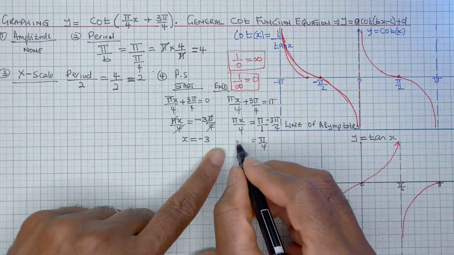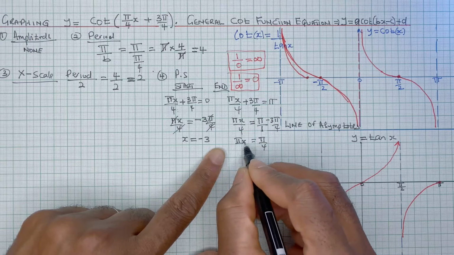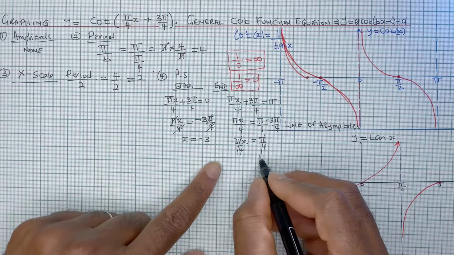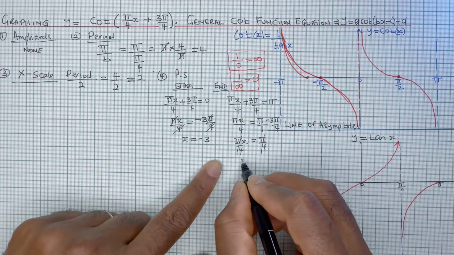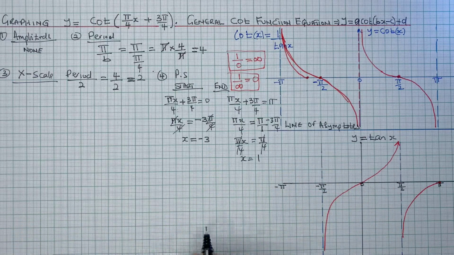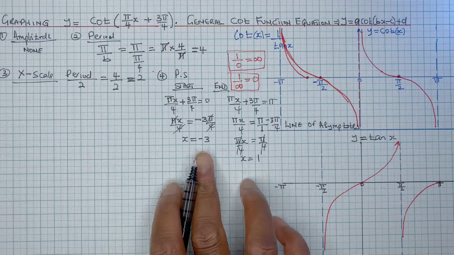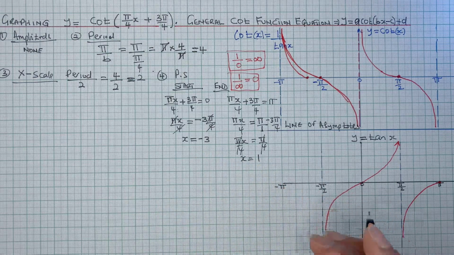Pi over 4 cancels pi over 4, x equals 1. So that's the first line of asymptote, second line of asymptote, and that's all we need to plot.